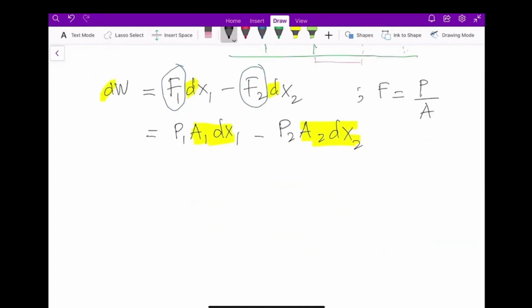So we can replace A1 multiplied by dx1 with P1 multiplied by dV. Similarly, P2 multiplied by dV. Why is it only dV? Why is it not V1 and V2?